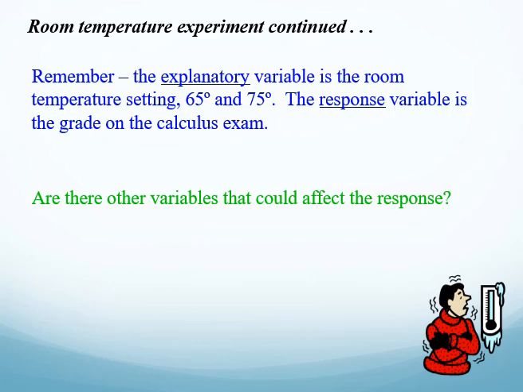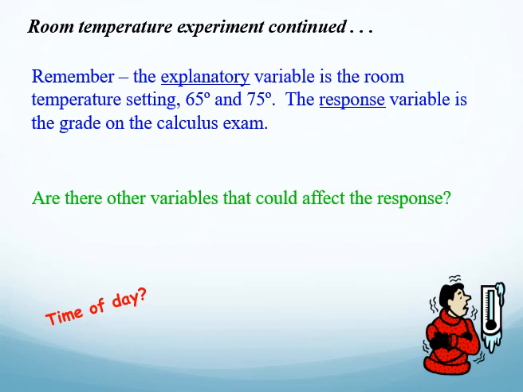So could we have confounding variables in our experiment about the temperature in the room affecting the outcome of your quiz or test? The time of the day, for example. Some classes happen in the morning, some in the afternoon, or even in the evening, right?